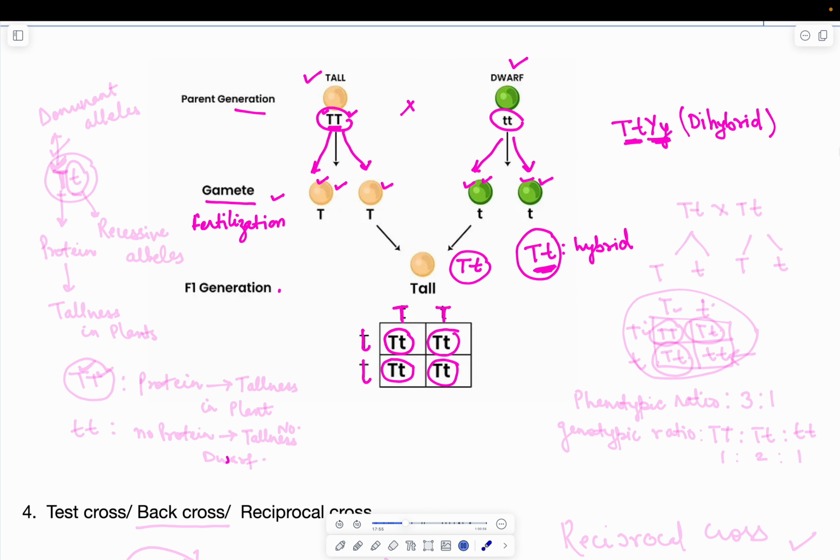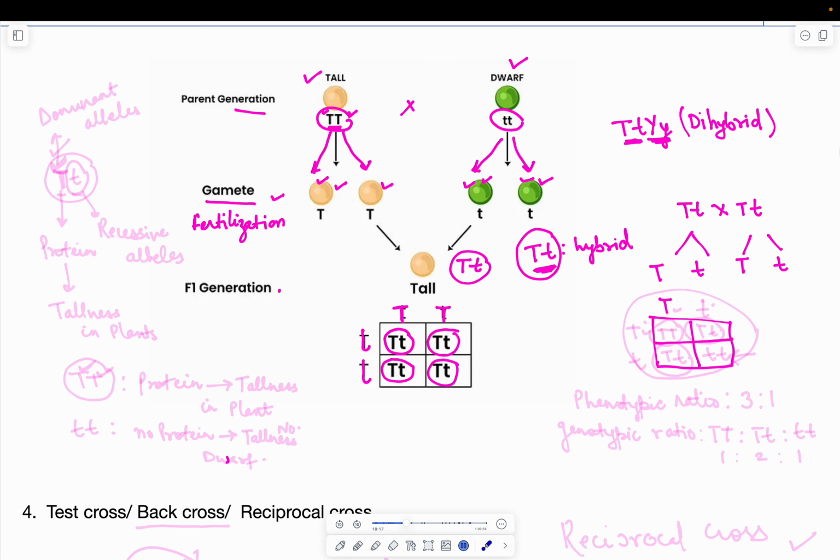So after the F1 generation, Mendel did selfing. Now again you will draw the gametes. The kind of gametes produced are two different kinds of gametes. You will draw the Punnett square to find out the possible combinations of the offsprings.